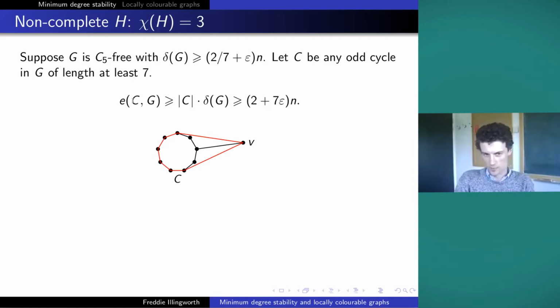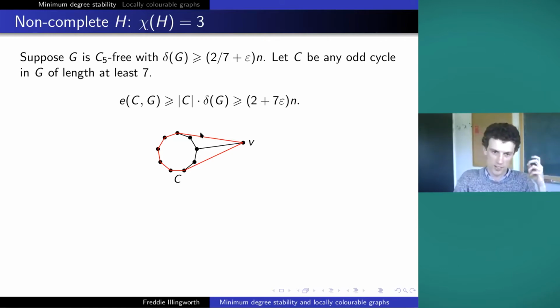So the number of edges between C and G is at least the size of C times the minimum degree, and that's at least (2+7ε) times n, because C was a cycle of length at least 7. From G's perspective, that's saying the average vertex in the graph has 2+7ε neighbors in C. And in particular, lots of vertices in the graph will have at least 3 neighbors in C.